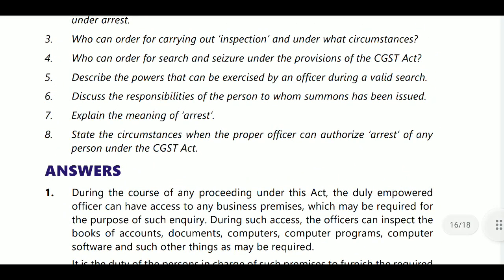Next question, sixth question: discuss the responsibilities of the person to whom summons has been issued.